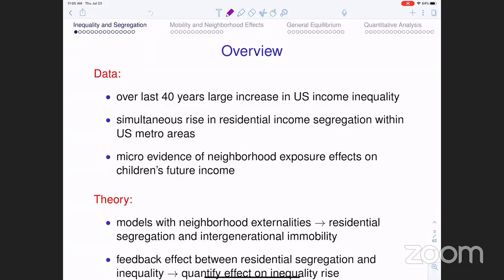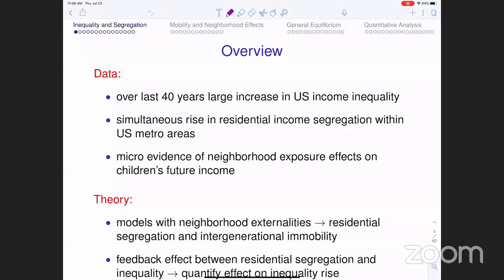And then the third piece of evidence that I think is relevant to think about the connection between these two facts is to think about how it matters where kids grow up within a city. In particular, are there some neighborhood spillovers or neighborhood externalities such that if a child grew up in a different neighborhood relative to another child, who is probably observationally equivalent at birth, then they end up with a different income when they grow up?